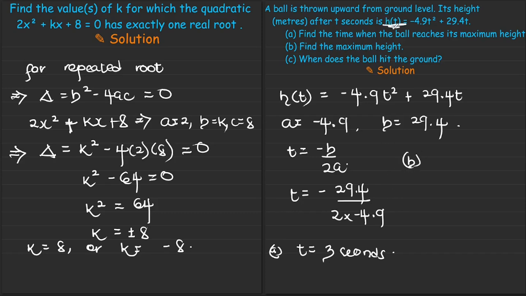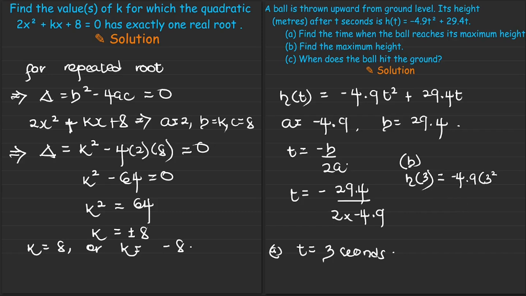We know the height is a function of time. So if h of t is all that we have here, then we simply want h of 3, and that is going to be equal to negative 4.9 times your 3 squared.